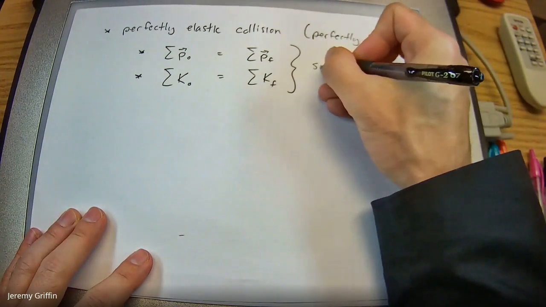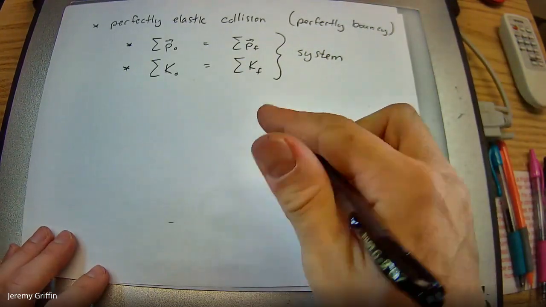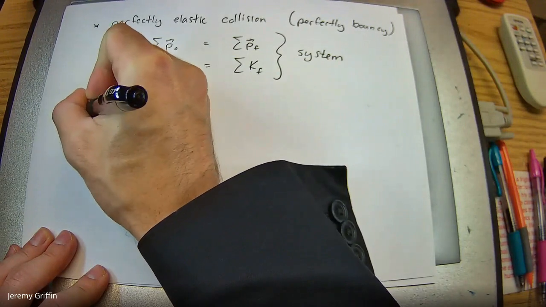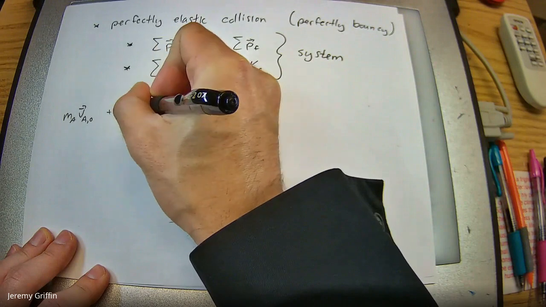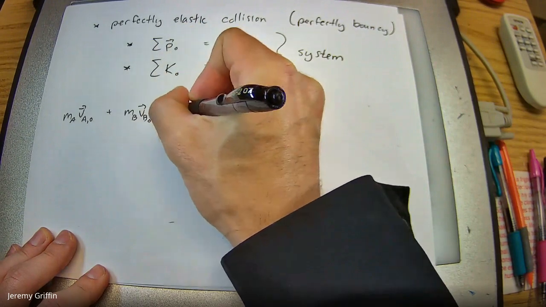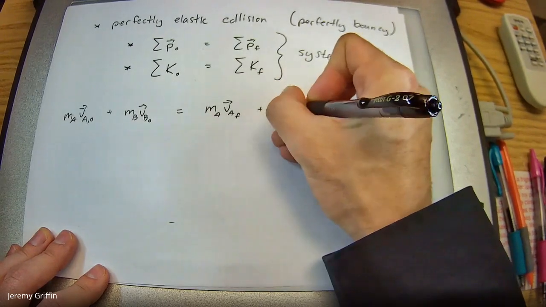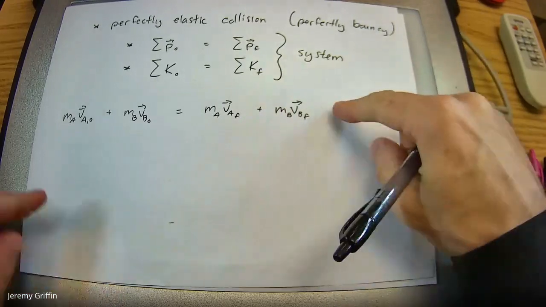Treat this as a system of equations. I know you guys just saw the poster on this, but I'll go ahead and write this out. So you have mass A, velocity A initial, plus mass B, velocity B initial, equals mass A, velocity A final, plus mass B, velocity B final. That's conservation of momentum.